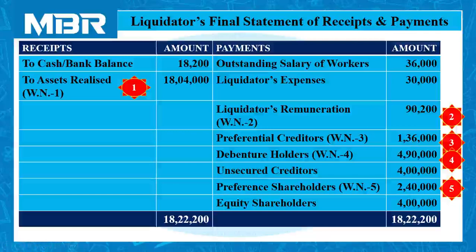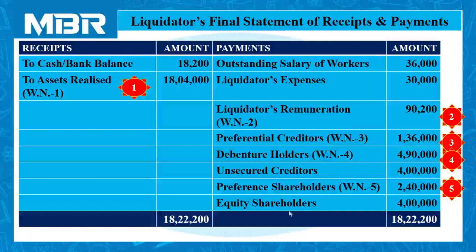As per the order of disbursement, after making payment to preferential creditors, now it is time to pay debenture holders. Here I have paid rupees 4,90,000 to debenture holders, and this payment follows the rules and regulations laid down in the Companies Act.